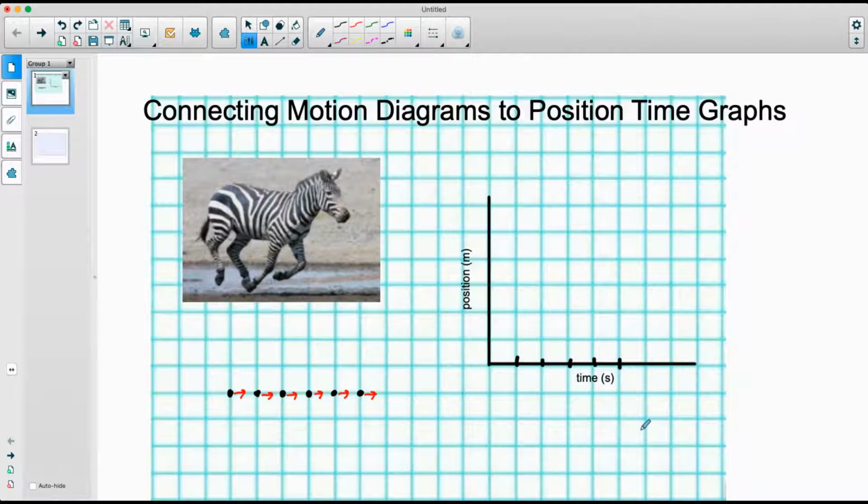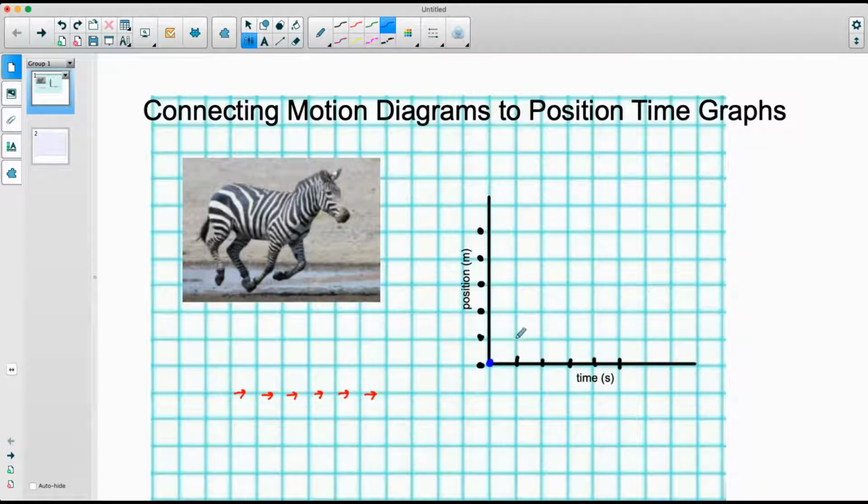Now let's say we want to make a position time graph, but we're not entirely sure what that's going to look like. So what we're going to do is we're going to come and grab the motion diagram, and we're going to scoot that up and rotate it so that the first dot is down near the bottom axis right here. And then we're going to make a graph using the motion diagram. So at time 0, there's where a point would be.